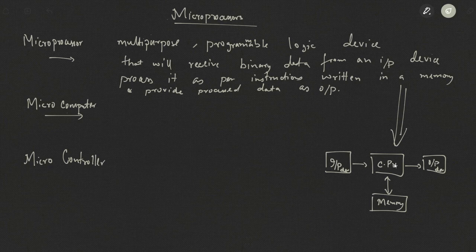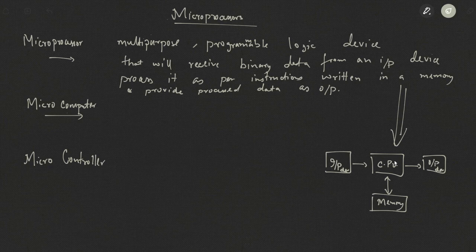The memory will also be accessible, so that we can change the instructions and modify the programs again and again. And so this is a multi-purpose device. You can use it for various applications.